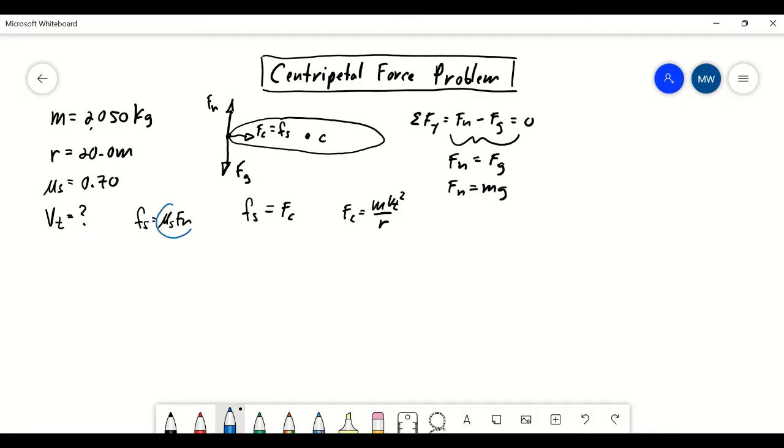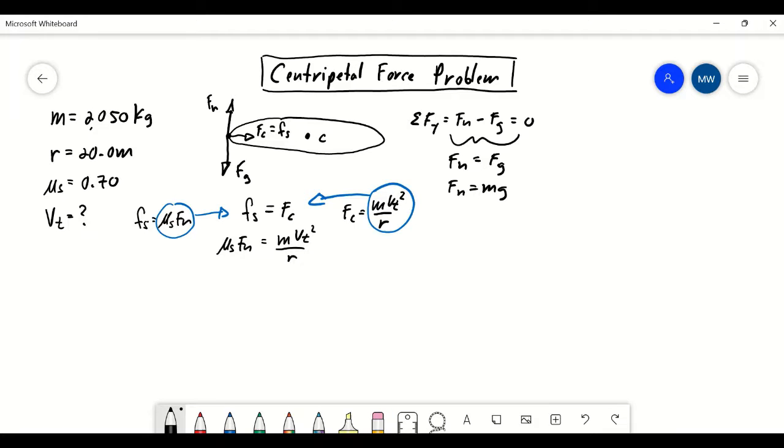So I'm just going to take this stuff, put it in right here, and I'll take this stuff and put that in right there.